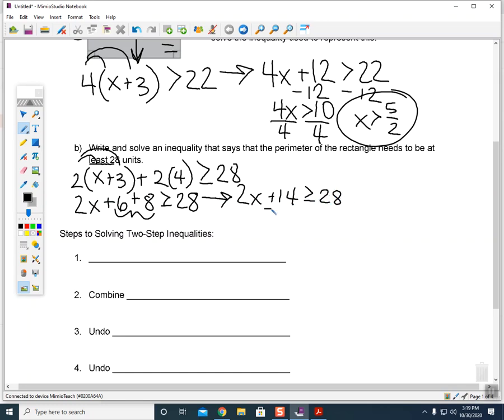Get rid of my 14, so I'll subtract 14 from both sides. Now I have 2x is greater than or equal to 14. I'll divide both sides by 2 to undo that. x is greater than or equal to 7.